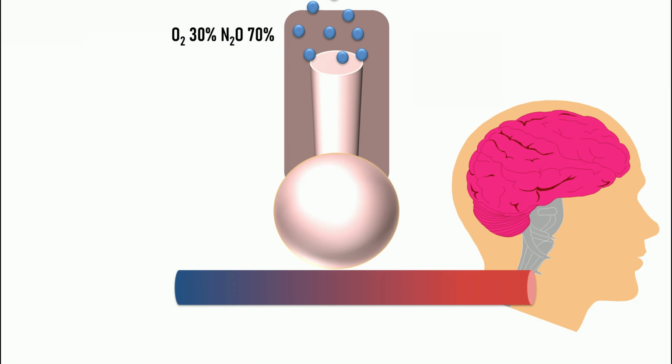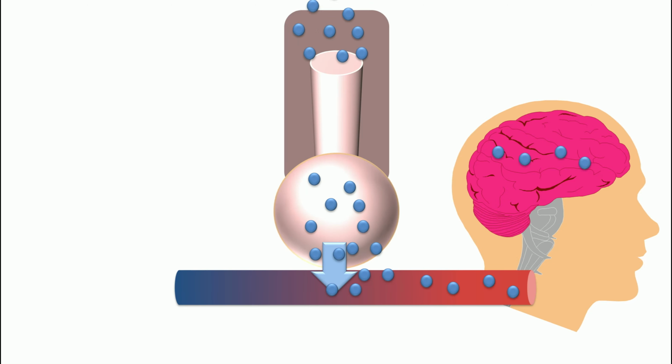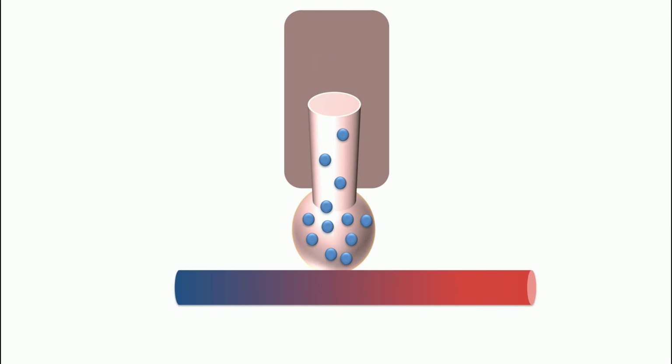Let me illustrate this. In this scenario, we are delivering 70% nitrous oxide to our patient. Because nitrous oxide is more soluble than oxygen or nitrogen and it is given in large quantities, there is rapid uptake into the blood, causing the alveolus to shrink. Once the alveolus has shrunk, the concentration of the gas that remains in it increases, the concentration effect.